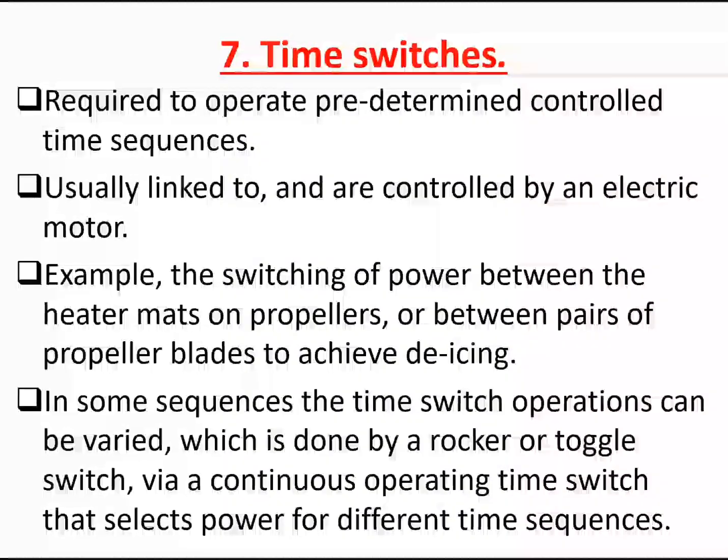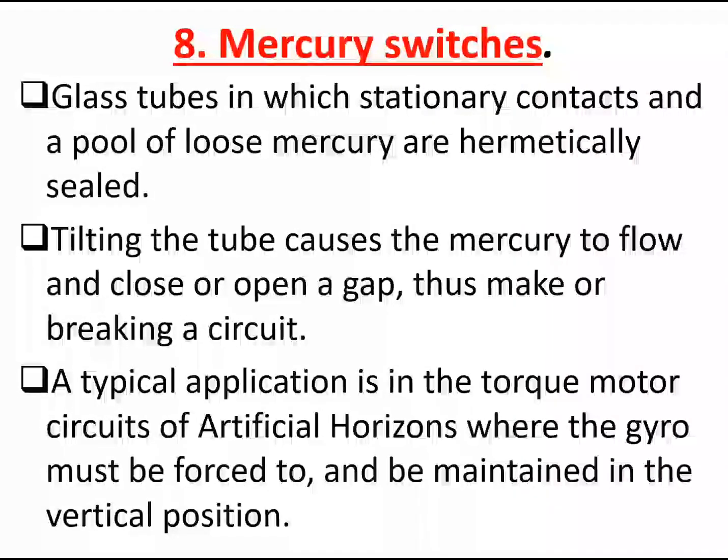In some sequences, the time switch operations can be varied, which is done by a rocker or toggle switch via a continuous operating time switch that selects for different time sequences.